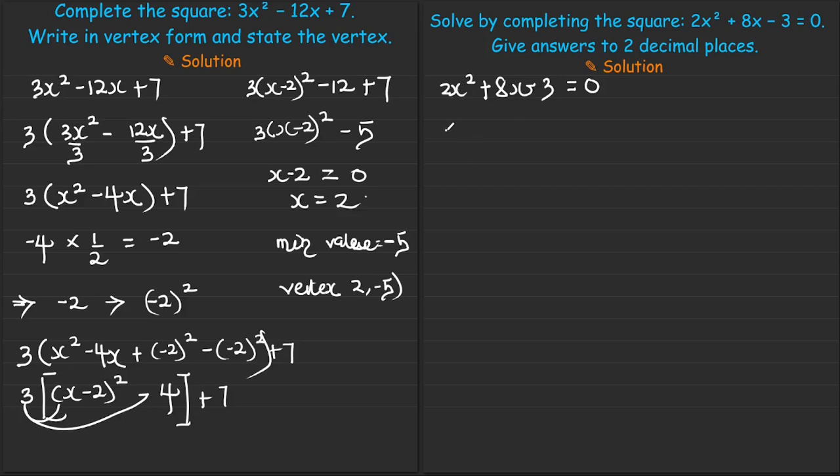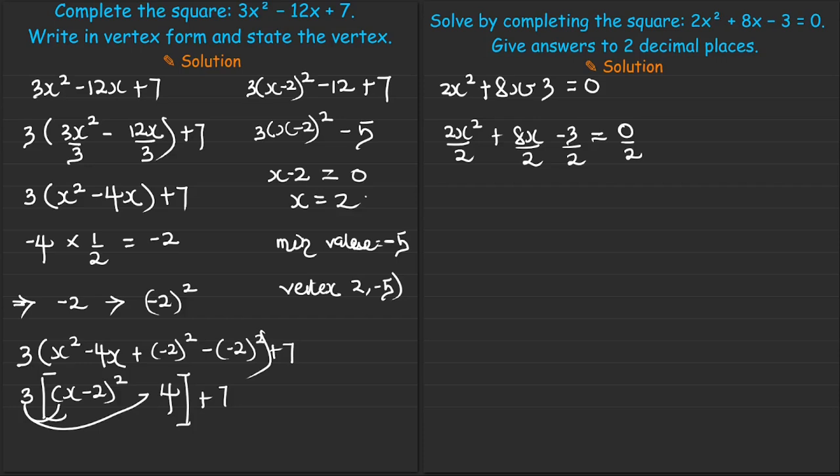By so, I mean you have 2x squared, divide it by 2. You have 8x, divide it as well by 2. You have 3, divide it also by 2. And you are going to divide the 0 also by 2. You can omit that though, because 0 over any number is still 0.